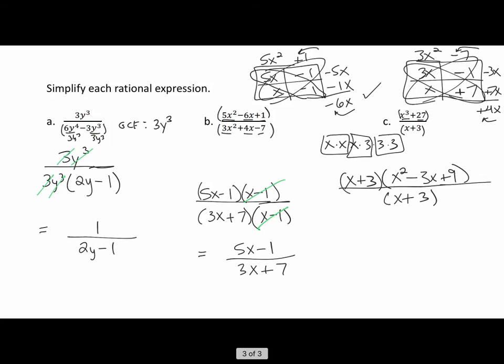I can't factor that any further. So let's divide factor in the numerator that's also in the denominator. And what does that leave us in the numerator? x squared minus 3x plus 9. In the denominator, you divide by 1. Guess what? You don't need to write that. It's understood. So this is as simple as that gets.